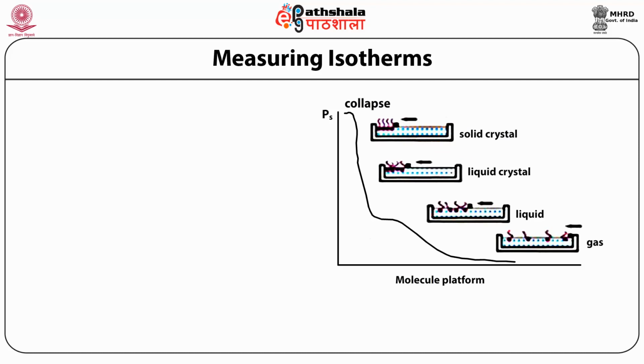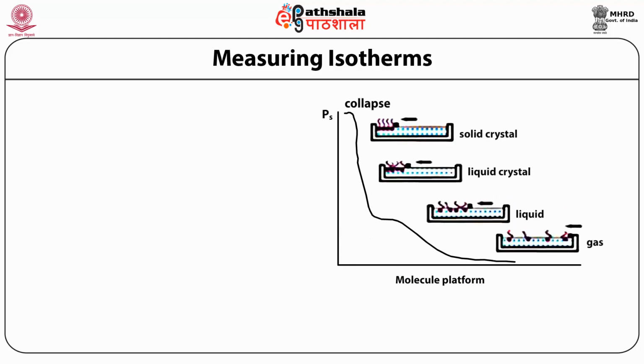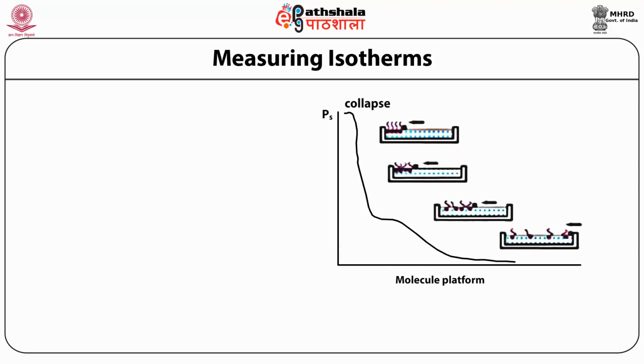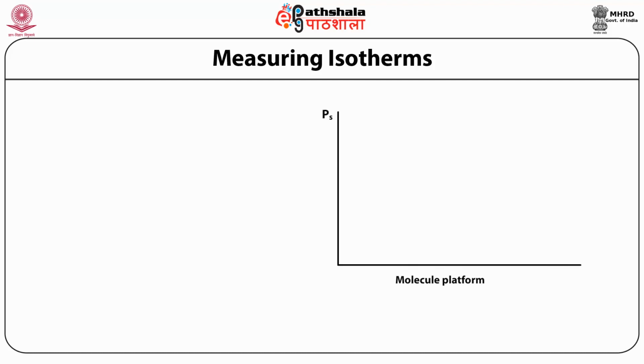The question is, when we spread the surfactant molecules on the surface, how do we know whether they are in gas phase or liquid or solid form? Initially, as we discussed earlier, we make sure that the concentration of this molecule is very small on the surface, so that on the surface they just move like a gas in two dimensions.